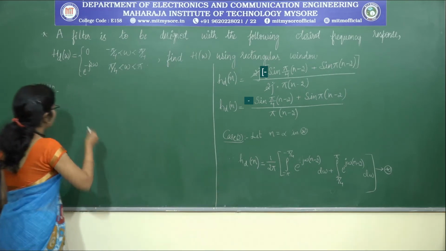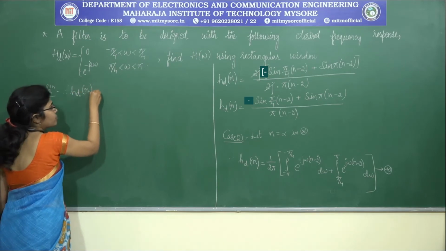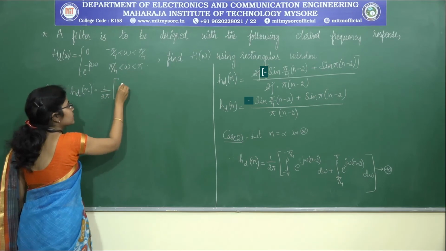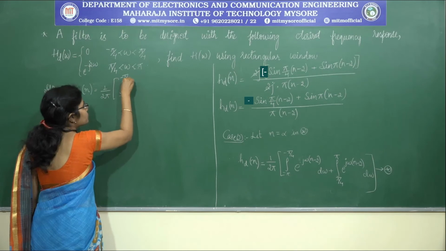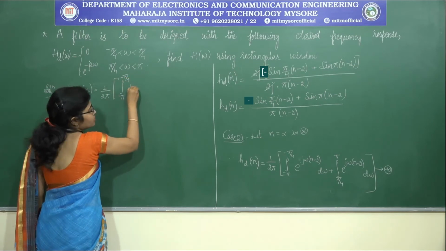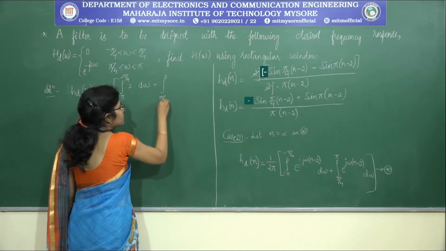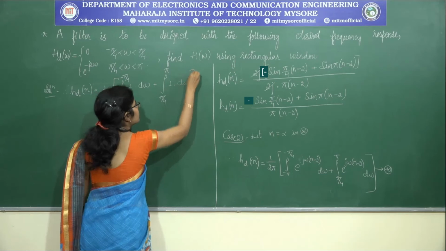So, if I rewrite the equation, therefore, hd of n will be equal to 1 by 2 pi, integral from minus pi to minus pi by 4, 1 into d omega, plus integral from pi by 4 to pi, 1 into d omega.